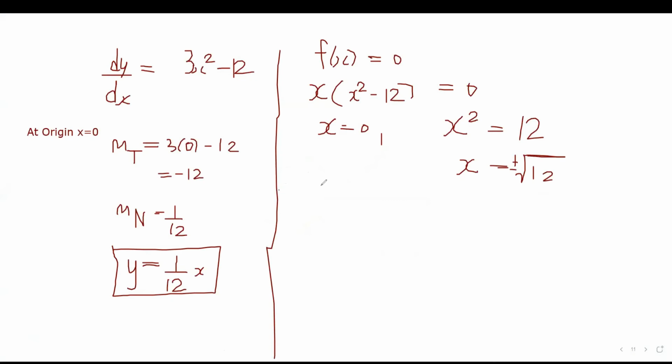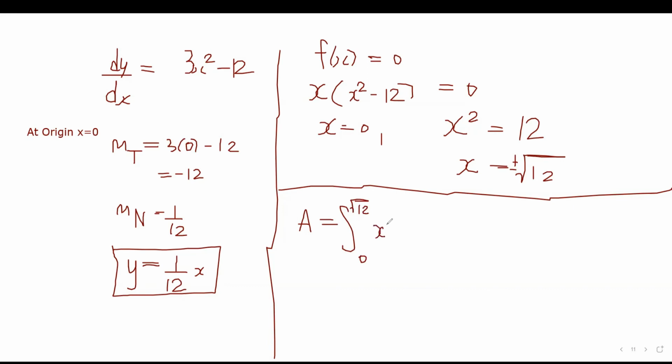So now, Marika, what we're going to get is that the area is equal to the integral from x being 0 to root 12 of the curve, and the curve, remember, is x cubed minus 12x, dx.